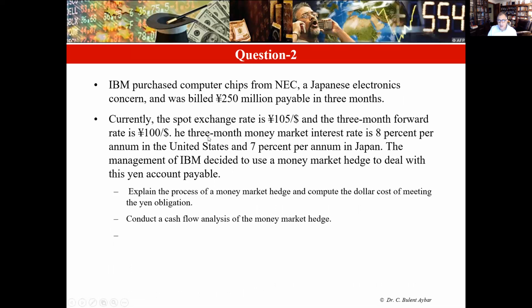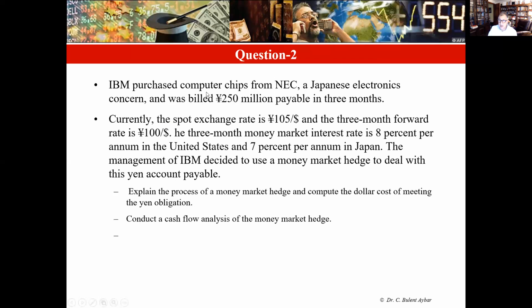So let's now look at another question. In this question, IBM purchased computer chips from NEC, which is a Japanese electronics company, and was billed 250 million Japanese yen, which is payable in 3 months.